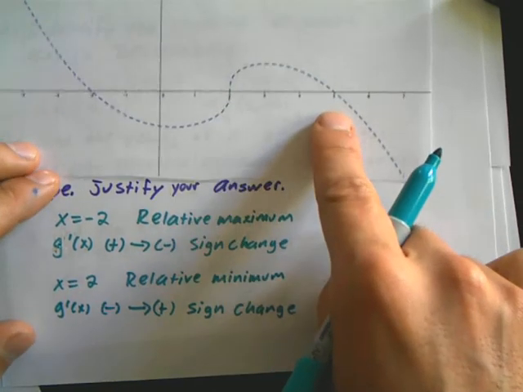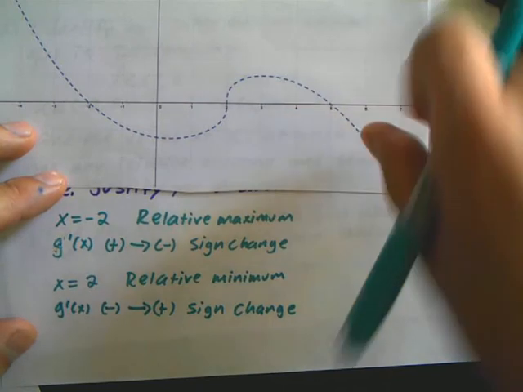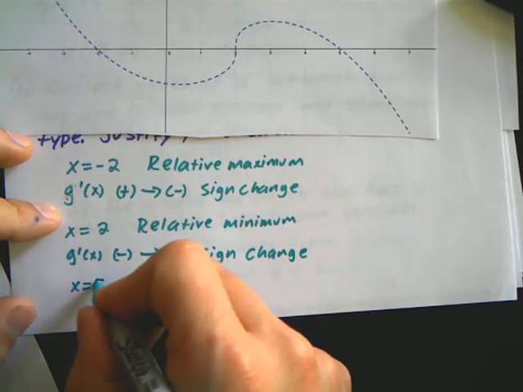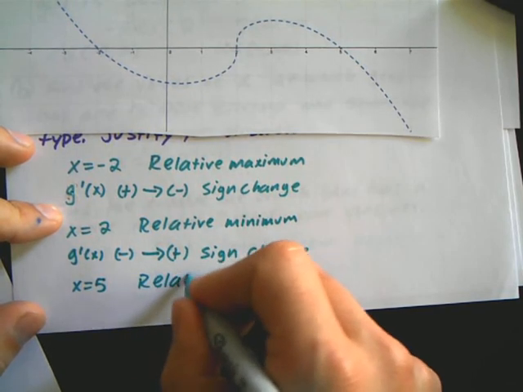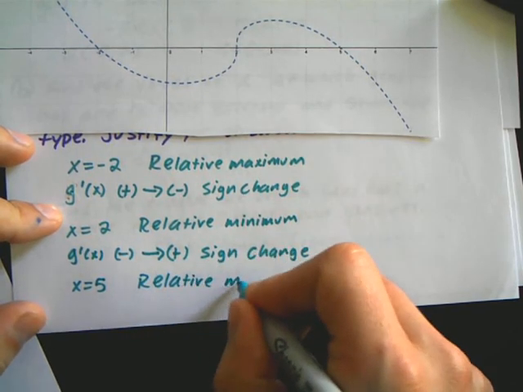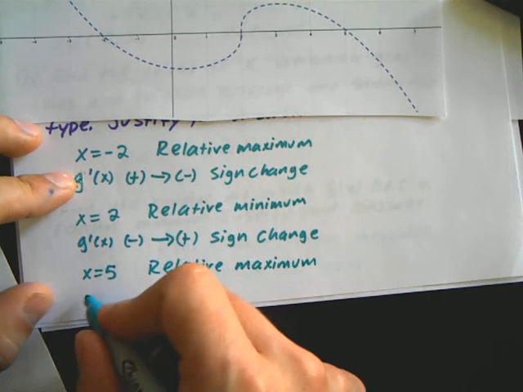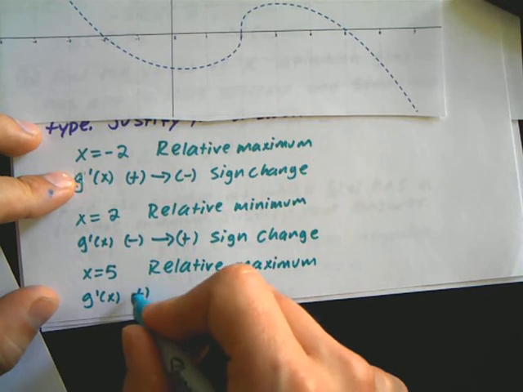And lastly, at 5, there is a positive to negative sign change, which would create a maximum. So x equal to 5, relative maximum. And then to justify your answer again, you state the type of sign change goes from positive to negative.